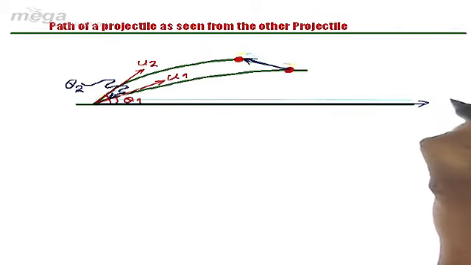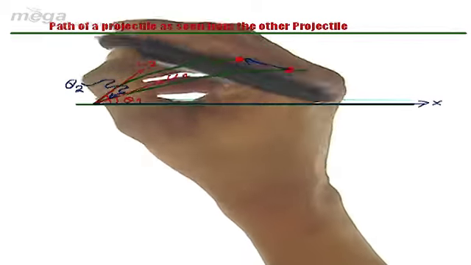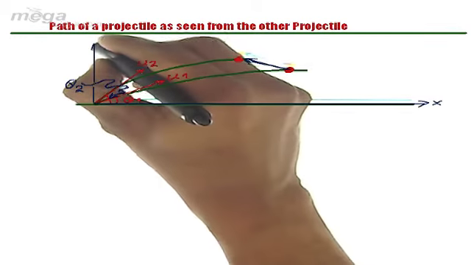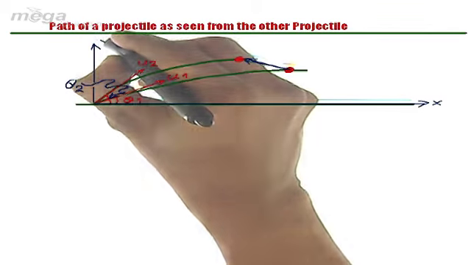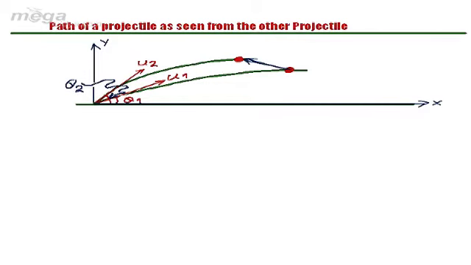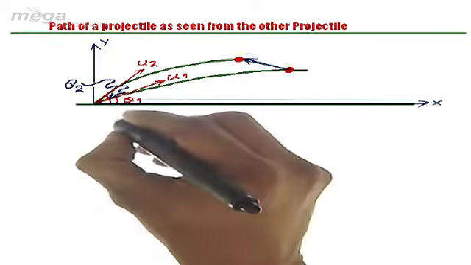If I take the positive x direction along the horizontal as earlier and the y direction along the vertical, then for the two projectiles I can write the coordinates separately.